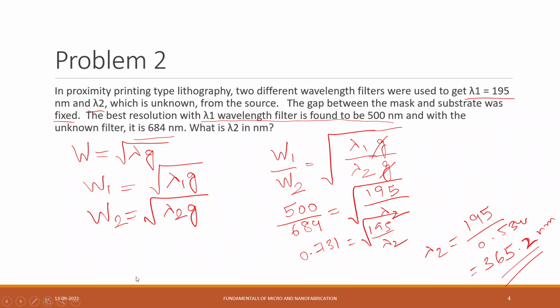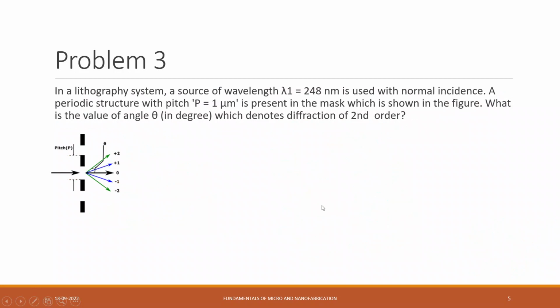So we'll go to the next one. This is also numerical. The source wavelength is given, and it is a normal incidence. The periodic pitch is 1 micron, and we have to tell what is the angle theta, which denotes the second order of diffraction.